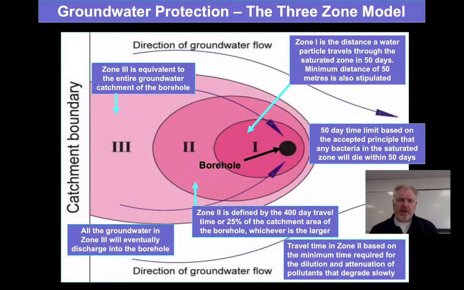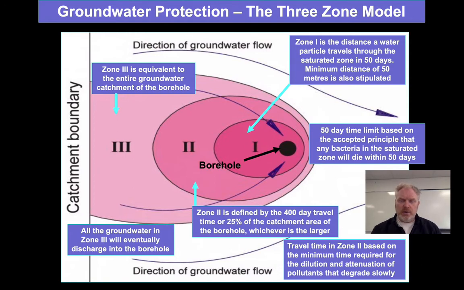Now, when we look at this contamination, we look at what we call a three-zone model. These are areas around a borehole where there is extraction of water going on. Zone 3 is the whole catchment area of the borehole, wherever water goes from the rocks into that borehole.